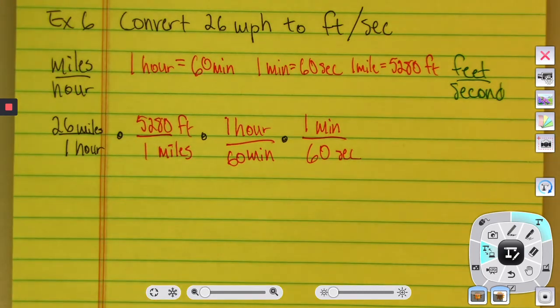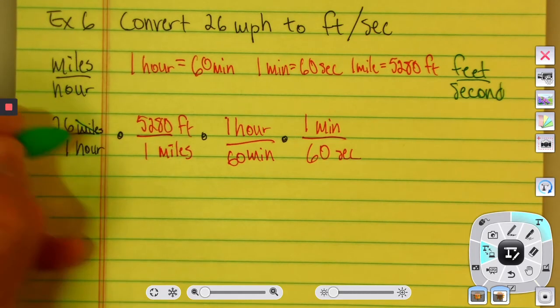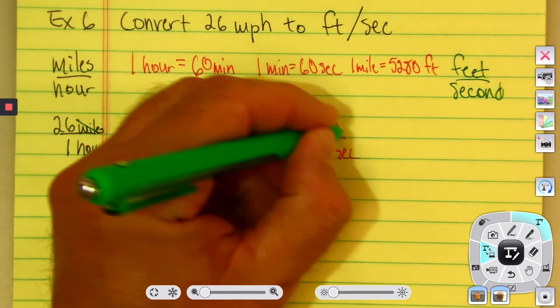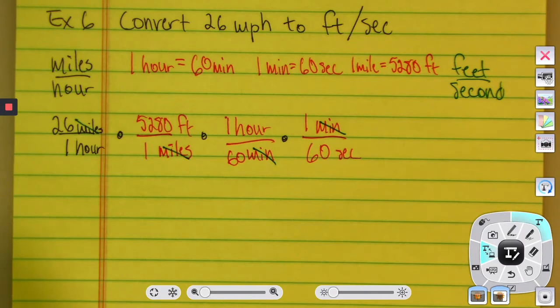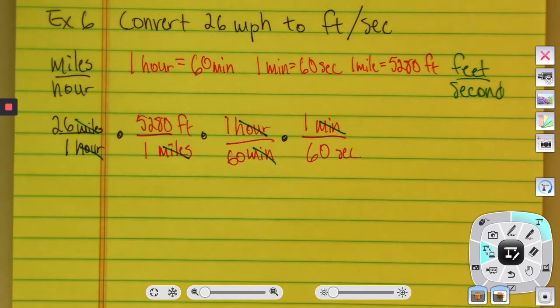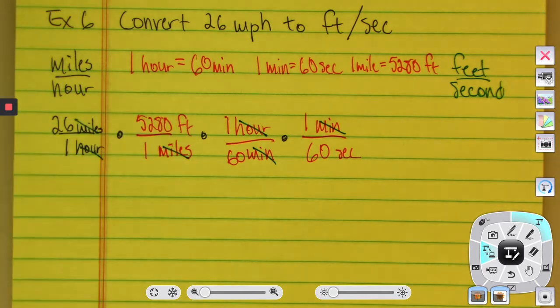So let's do the fun part, the canceling part. I'm only going to cancel units, miles for miles. Okay, those two will cancel. Minutes will cancel with minutes. That's pretty cool. And then I've got an hour here, and we'll cancel with an hour there. Nothing's left to cancel. I have what I want, feet over seconds. So 26 times 5,280.